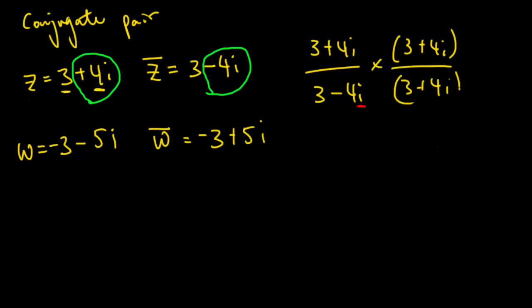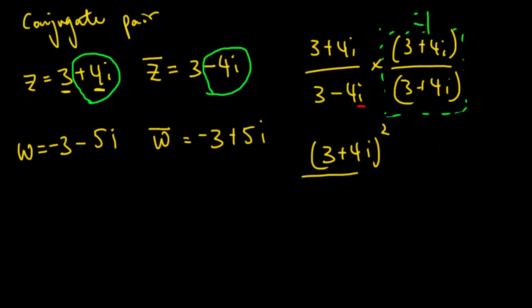The reason why we do that is because this whole thing is just equal to 1, because the numerator equals the denominator. So when we solve this, there will be (3 plus 4i) squared over (3 minus 4i)(3 plus 4i).